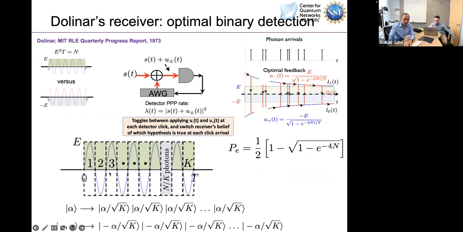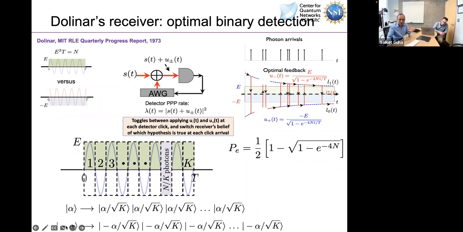Remember I talked about these non-overlapping temporal modes, where I can take 0 to T and break it up into small time chunks. I can rewrite my coherent state alpha as a tensor product of k coherent states of these temporal modes, 1, 2, 3, 4. I can think of these as little tiny time slices.